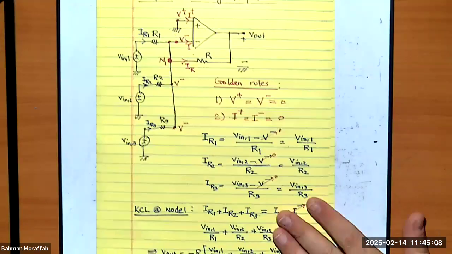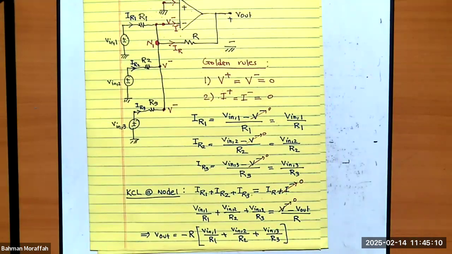And as you can see, it is basically 3 inverting amplifiers added together, and hence the name, summing amplifier. If I didn't have these other two, this was exactly the inverting amplifier that we talked about, the first example we did.